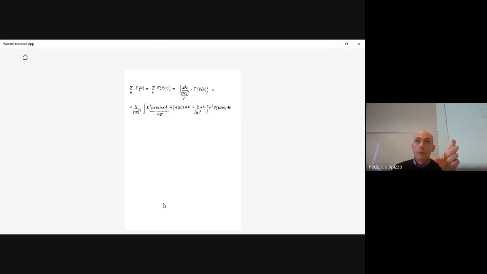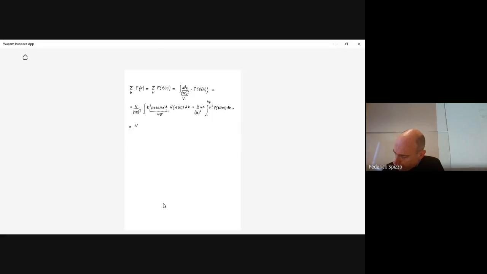For the moment, I suppose that I want to sum up only over the levels within the sphere. So k ranges from 0 up to kF, the maximum possible wave vector.